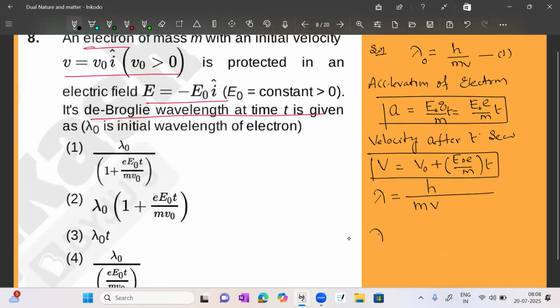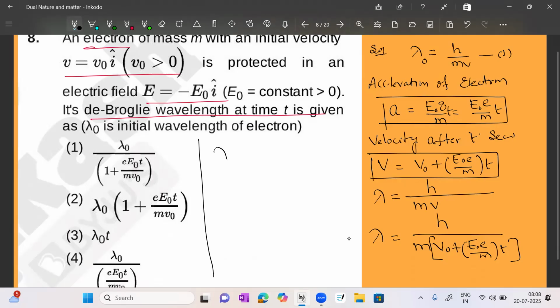So we can write lambda equals h by m times (v naught plus e naught e by m into t). Okay, for the space constraint, I will write here.